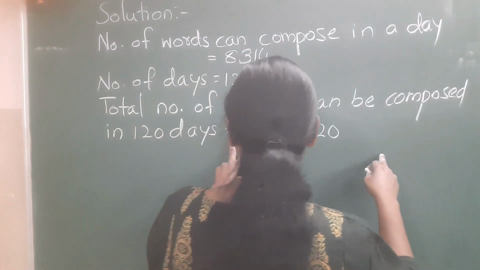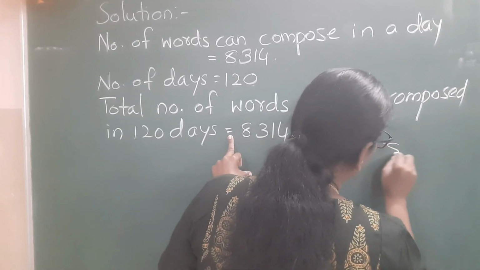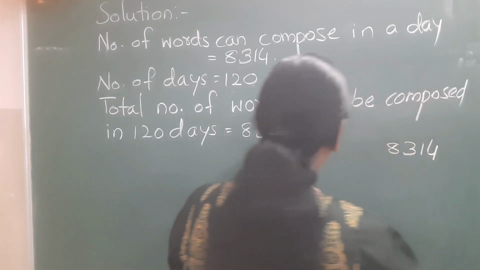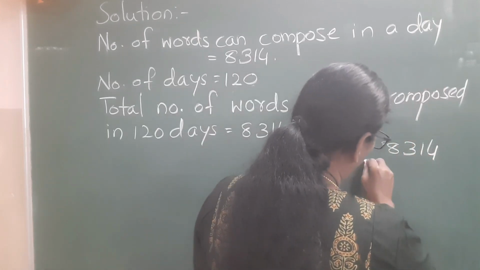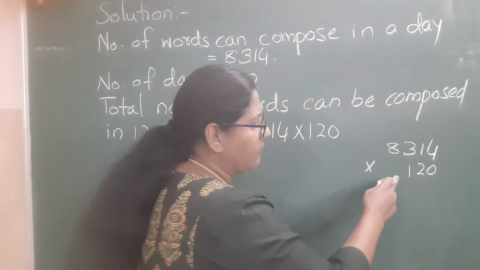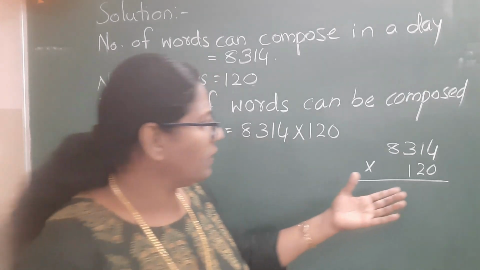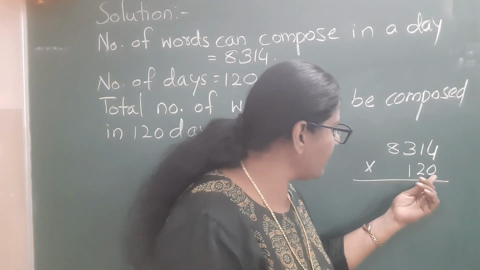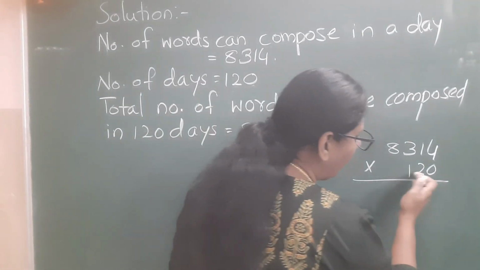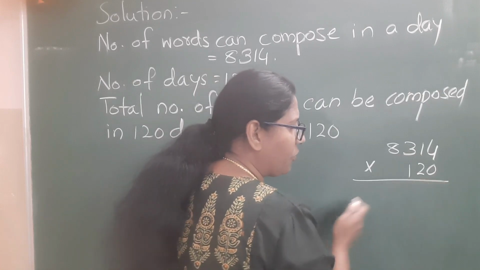So let's do the multiplication: 8,314 into 120. This way also you can multiply, but the easy way is, if there is a 0, we can avoid that 0 and write only 12 and multiply, and then after getting the answer you can put one 0 in front.